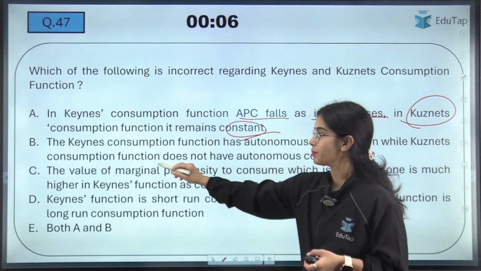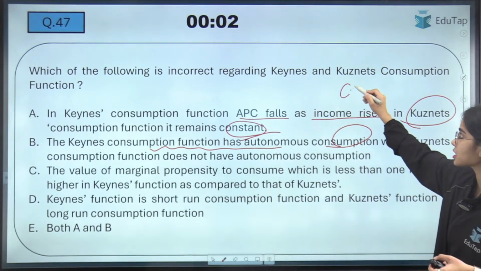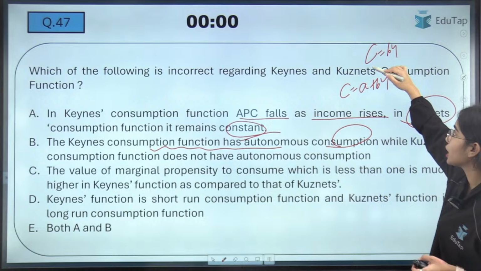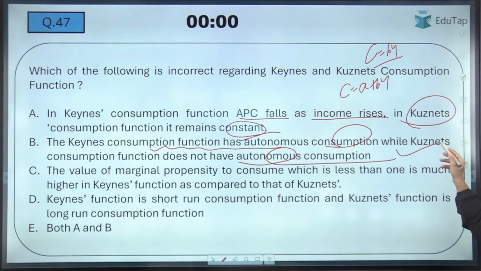So that is correct. Keynes consumption function has autonomous consumption: it is A plus bY, while the Kuznets consumption function is bY. So the Kuznets consumption function does not have any autonomous consumption. So this is also correct.